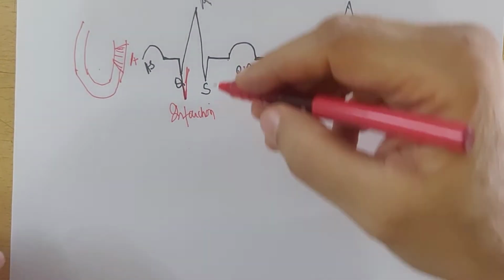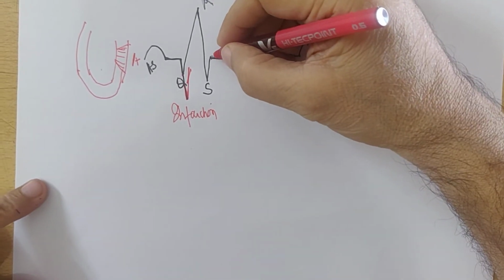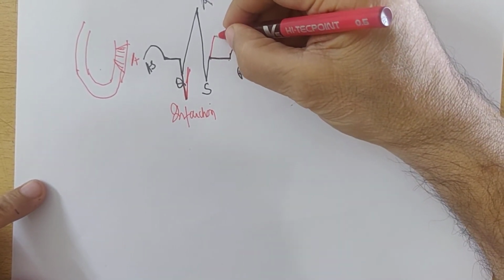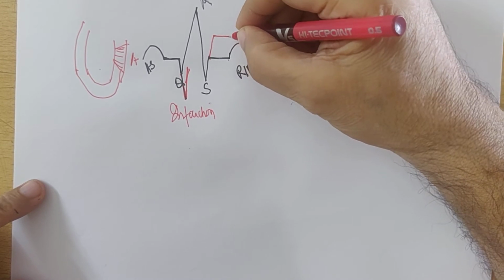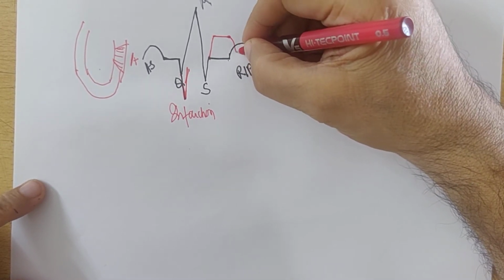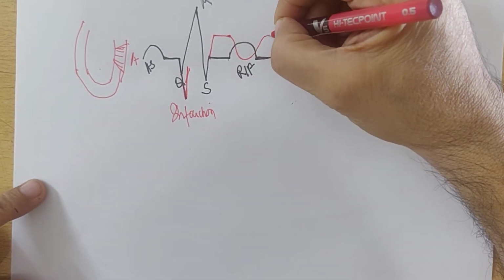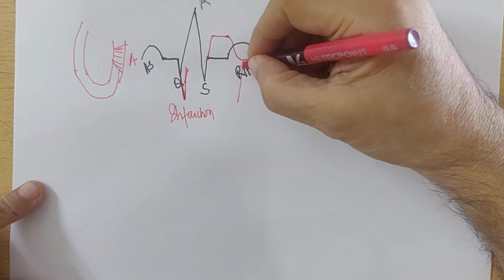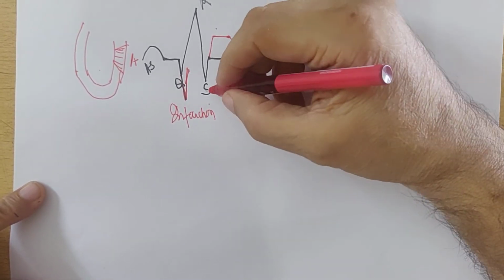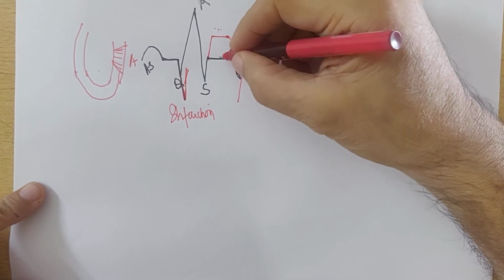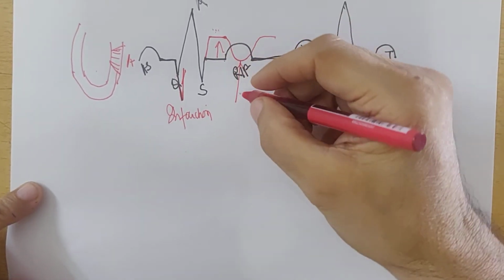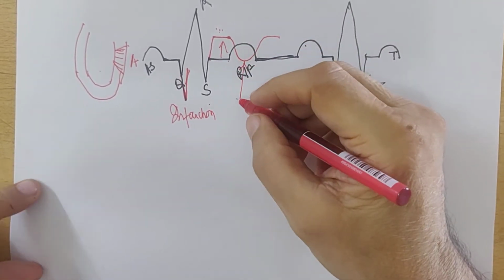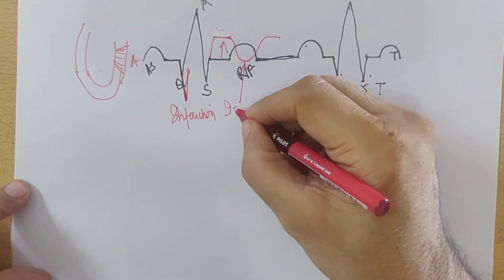Then the other change that occurs is ST elevation and T wave inversion or flattening. This suggests ischemia.